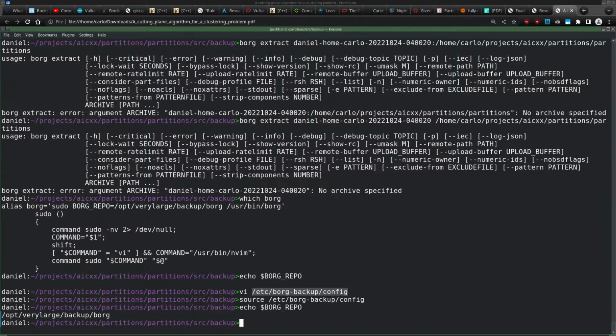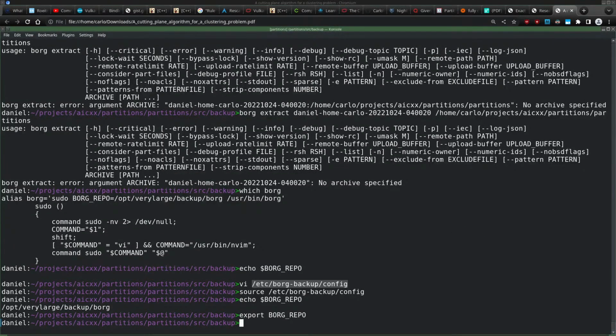I have a Borg repo set, and then maybe it works with this environment variable set.